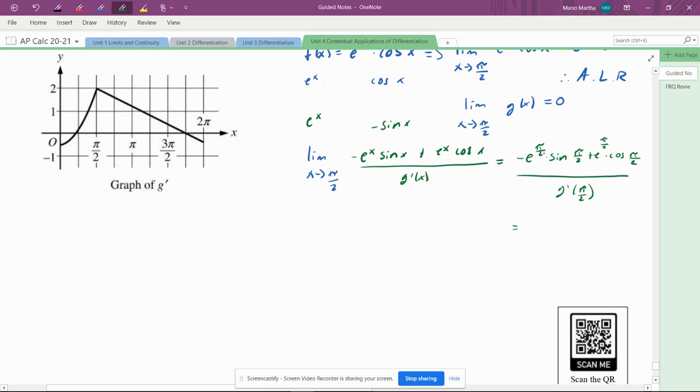So this is just negative e to the pi over 2 times sine of pi over 2, which is just positive 1, and then e to the pi over 2 times 0 gives us 0. So we're just left with negative e to the pi over 2 divided by g prime at pi over 2, which happens to be positive 2 right there, and that's pretty much our answer.